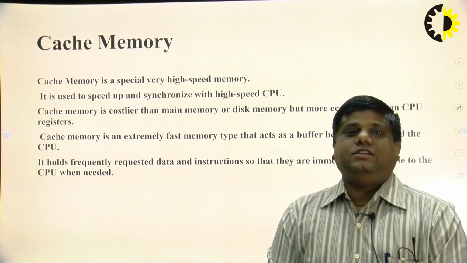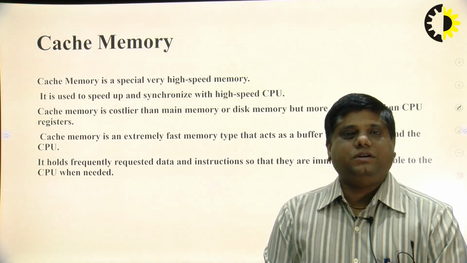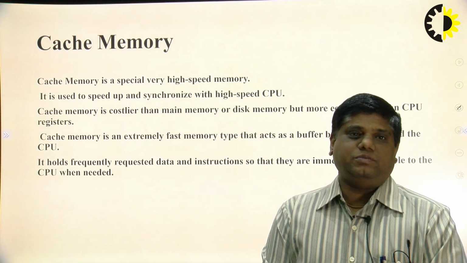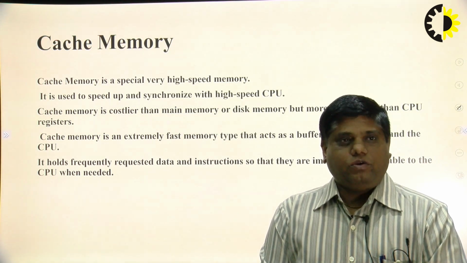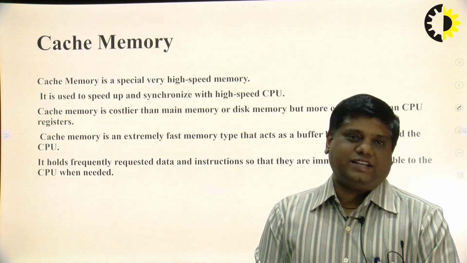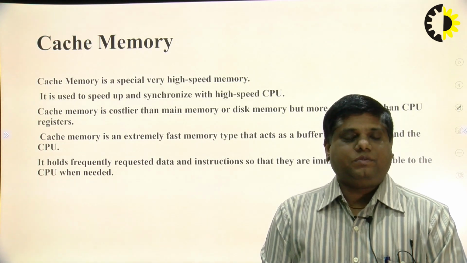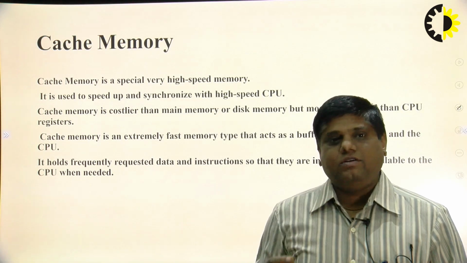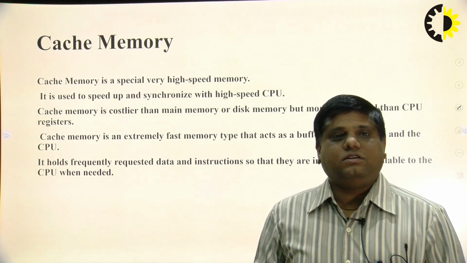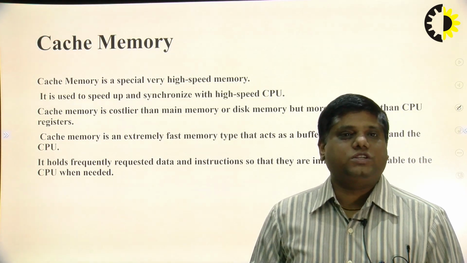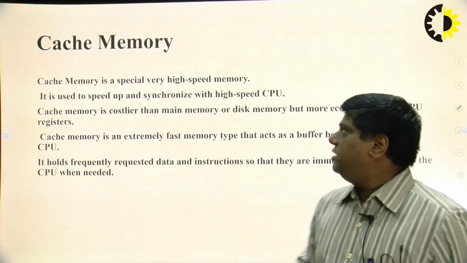Before discussing the numerical problem of cache mapping, first I will explain the basic overview of cache mapping and its different types. What is cache mapping? Cache memory is a very small type of memory which is designed between the processor and main memory.